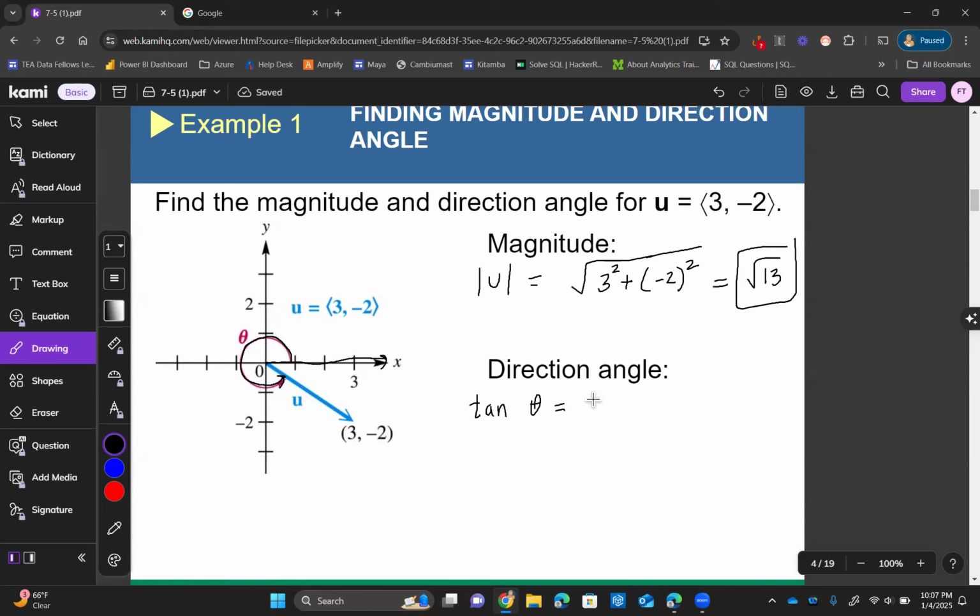So tangent of theta is b over a. So tangent of theta is equal to the b value, here 2, and the x value, here 3. So this is the tangent value for the reference angle, so let's just call it the reference angle. We're going to calculate it by asking the calculator for arctan of 2 over 3.